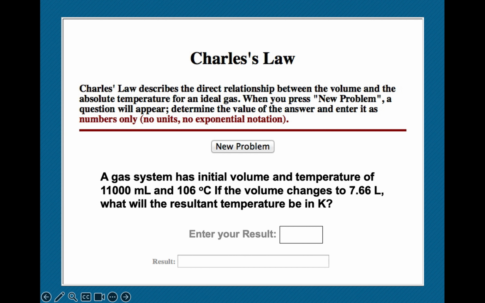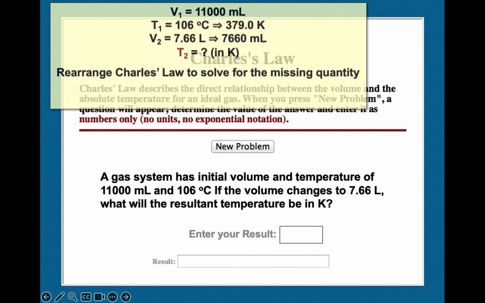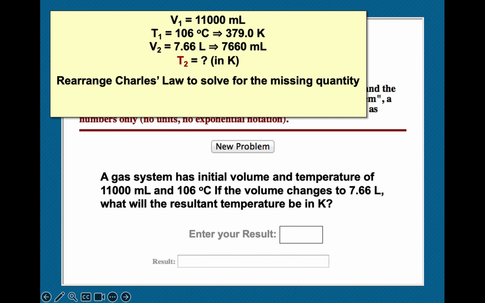So, just like with Boyle, the way I do it is I look at these and fill out my little table. V1, 11,000 mils. T1, 106 centigrade, we add 273 to it. V2, we're in liters, it has to be the same. We could change this to liters or change this one to mils. I just did mils, multiplied by 1,000. And we're looking for T2.